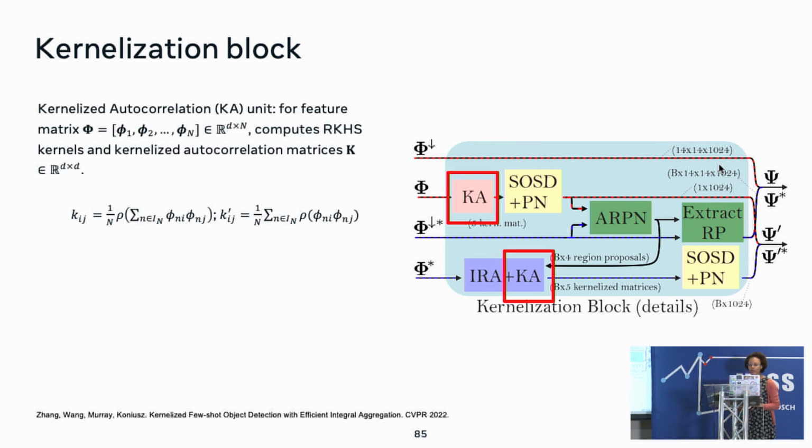The kernelization block has a few components. The first one is what is called a kernelized autocorrelation unit. What that does is take the representations that we got from the ResNet, our phi representations, and compute kernel matrices based on them. We compute them by applying the different kernel functions that we described.